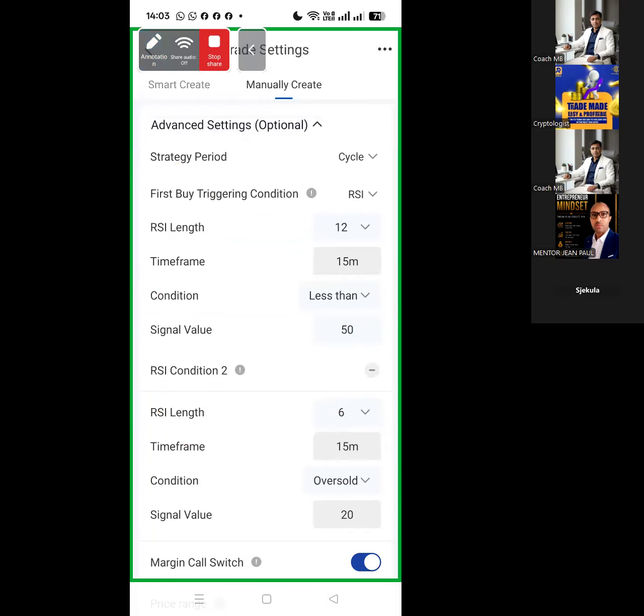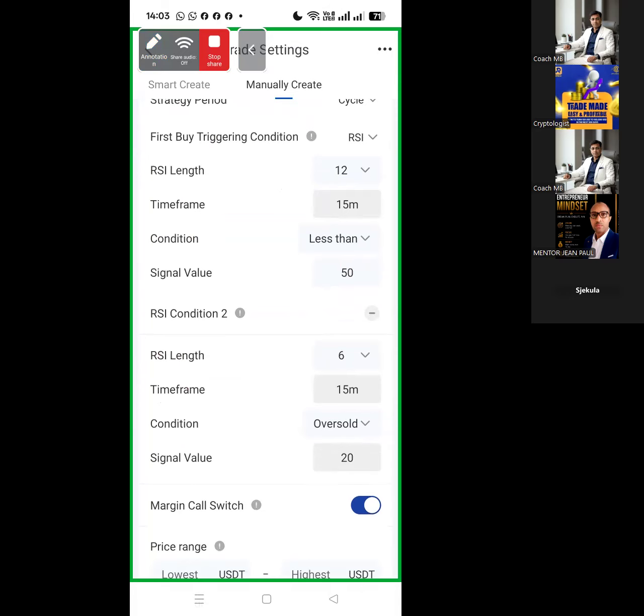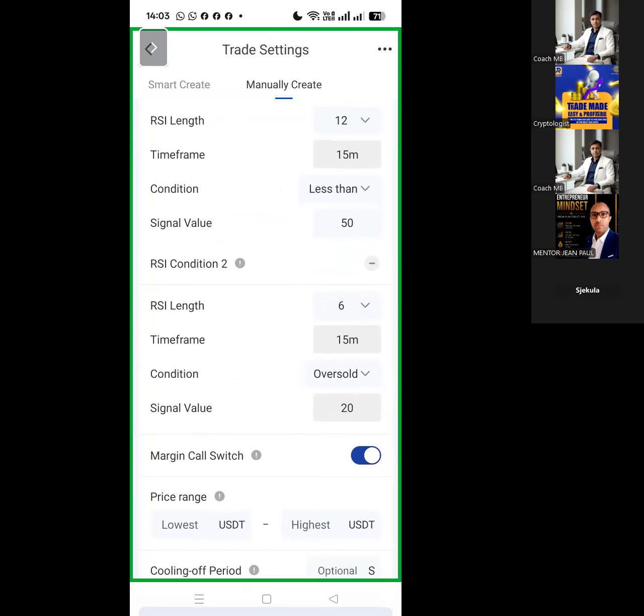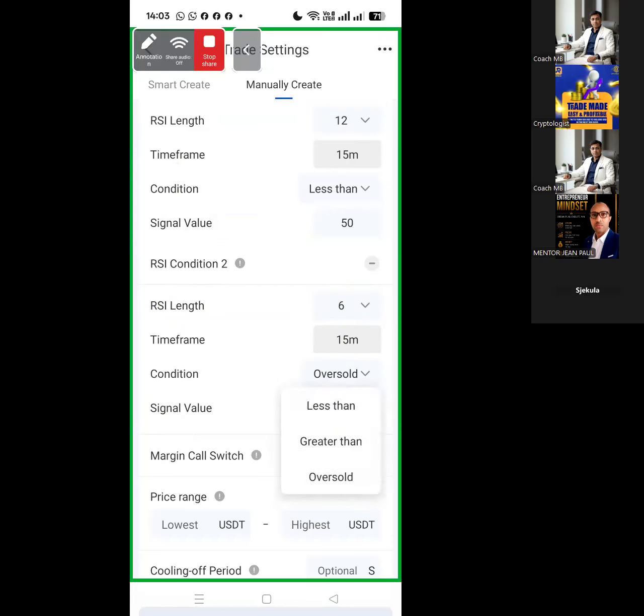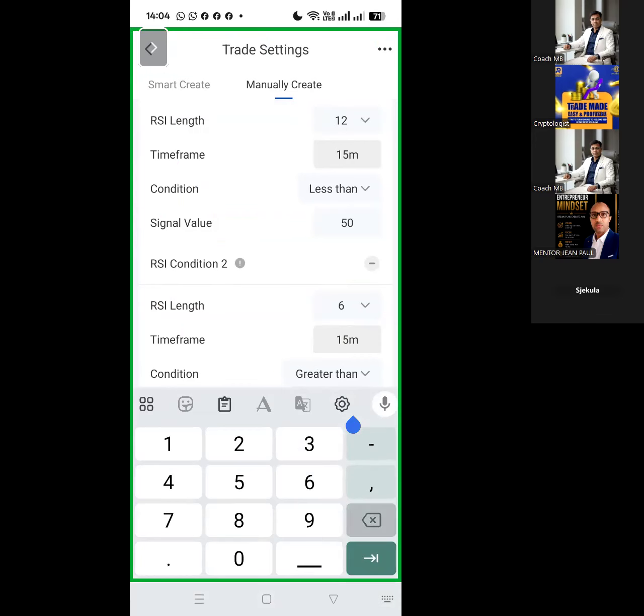Suppose I want to buy less than 50%, but I can add one more condition here. I will select on this oversold and click a greater than condition now, right? The first condition is less than, the second I selected is a greater than. So I can put 10% here.